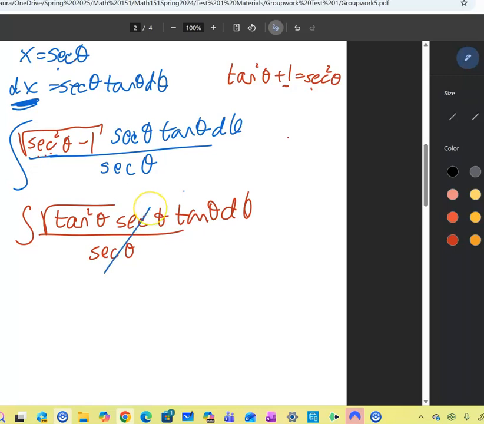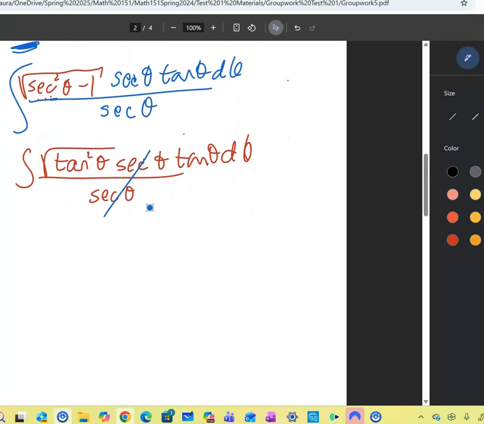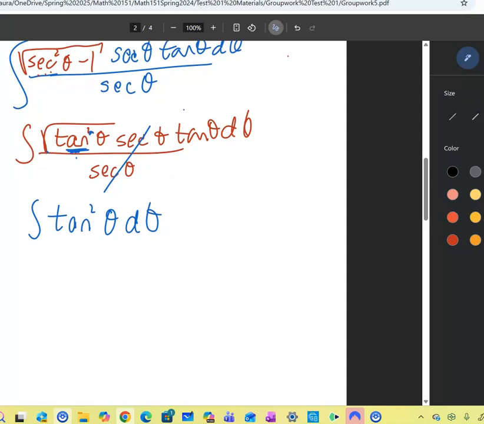Okay, let's start canceling, right? And then this gives me a tangent. The square root of tangent squared is tangent. So I have a tangent times another tangent, and then I get tangent squared. What do I do with that? I can't do any peeling or anything. Oh, right. This is where we use the identity.